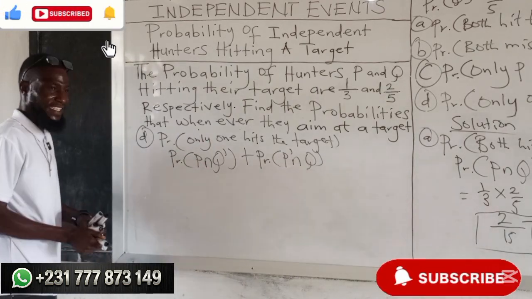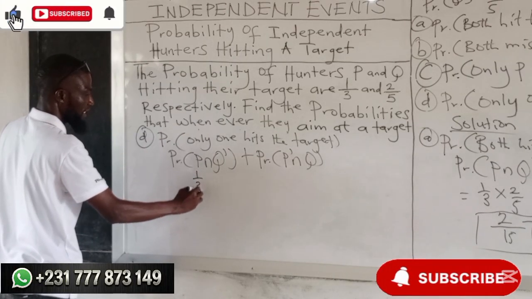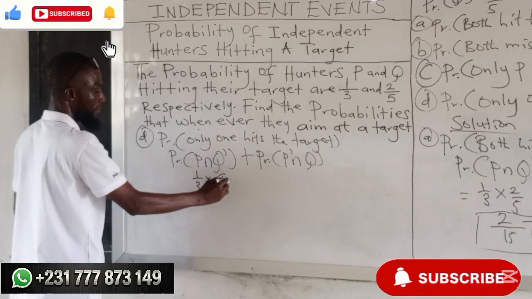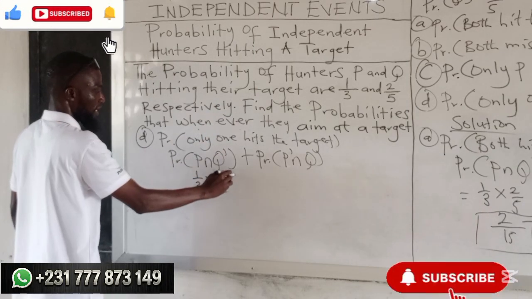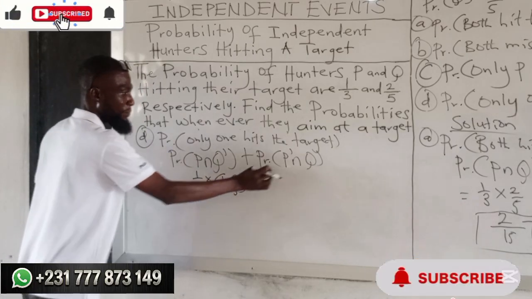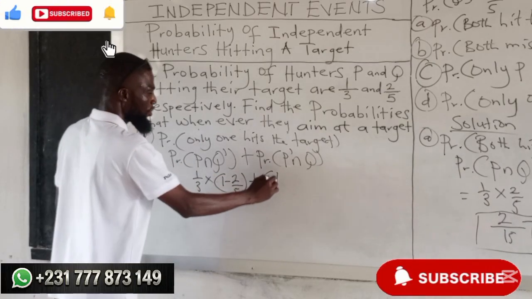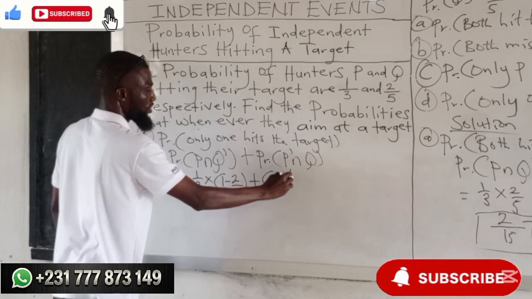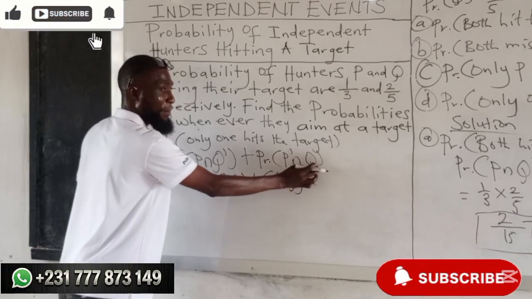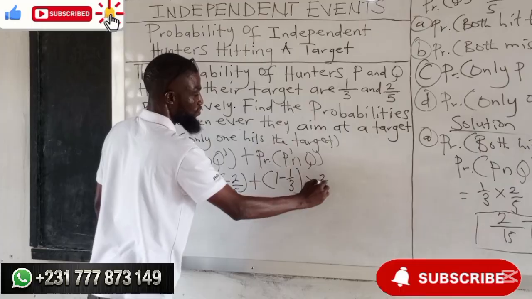So on this note, the probability of P hitting the target is 1 over 3 times (the probability that Q misses the target is 1 minus the probability of Q, which is 2 over 5), plus (the probability of P missing the target is 1 minus the probability of P, which is 1 over 3) times the probability of Q hitting the target, which is 2 over 5.